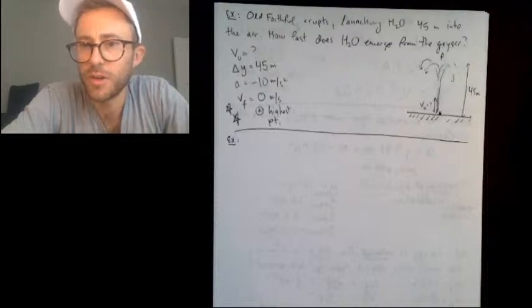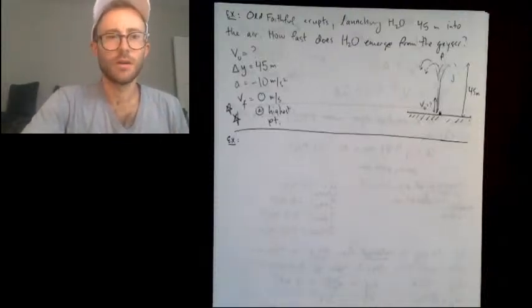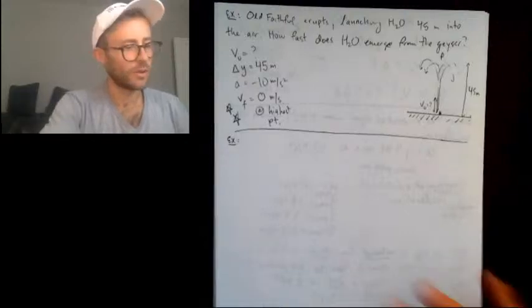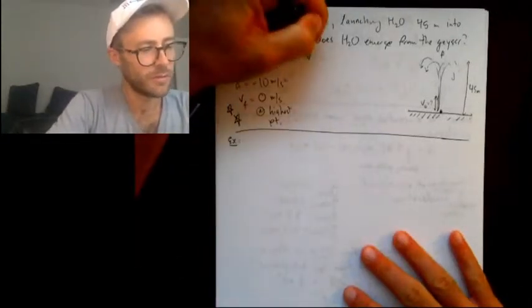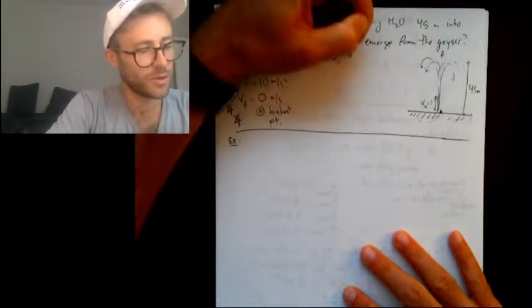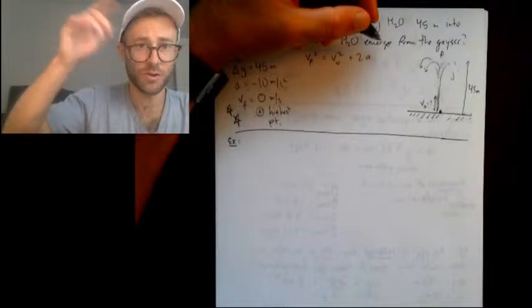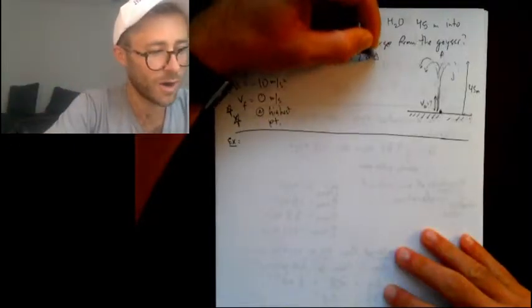People are typing in 3. Excellent. Very good. So we're going to use v final squared equals v initial squared plus 2a, and normally it's delta x, but because it's vertical motion, I'm going to write delta y.